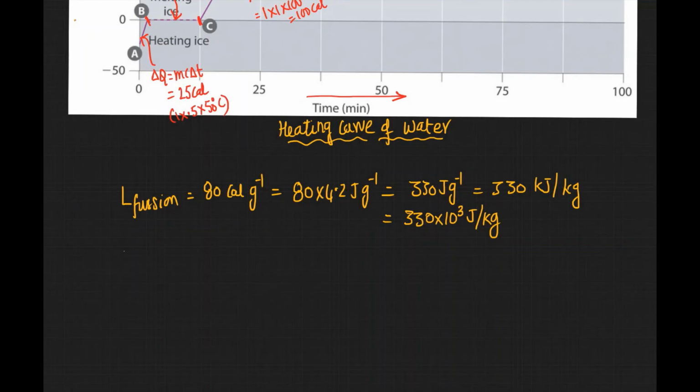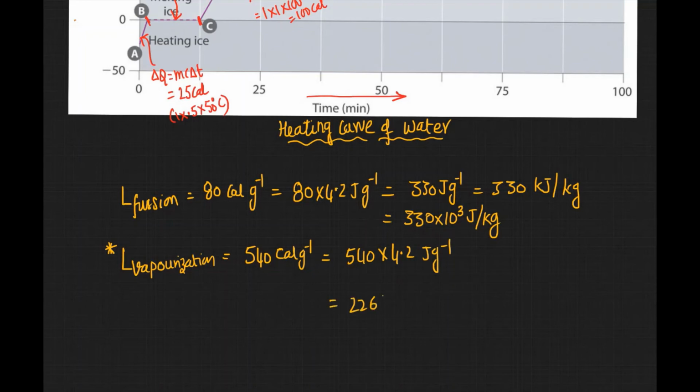So you can try out all this conversion yourself, but it's important to remember these values in joules and kilojoules. This is not in your syllabus, the vaporization, but still it's good to know. So vaporization is 540 calorie per gram, and this is also written as 540 into 4.2 joules per gram. That's 2268 joules per gram, or 2268 kilojoules per kilogram.